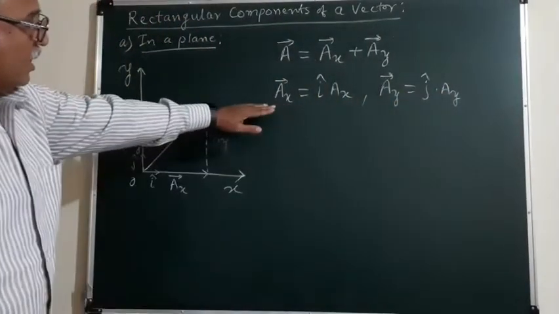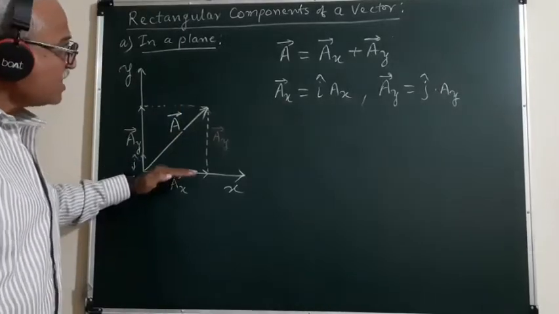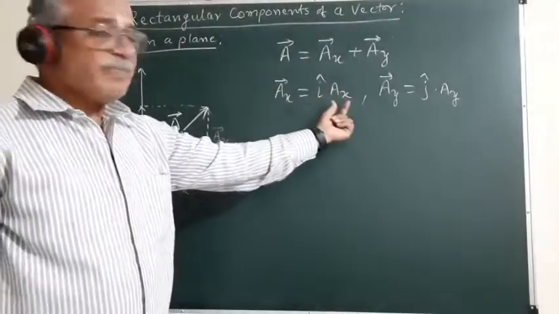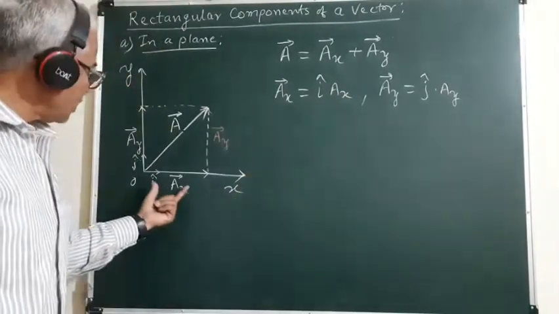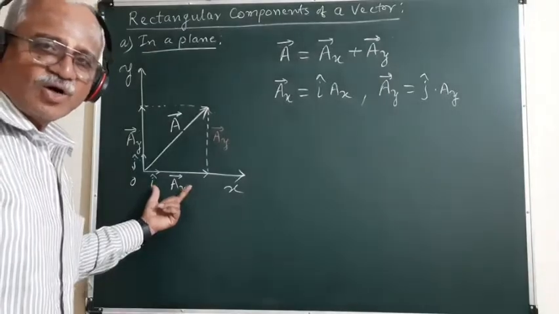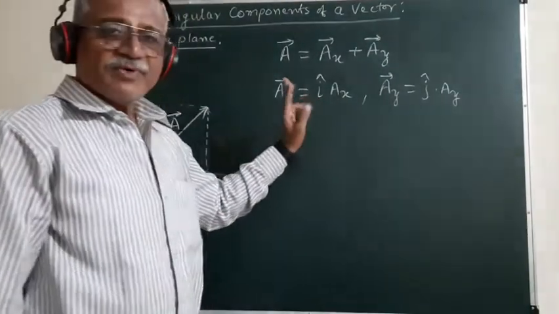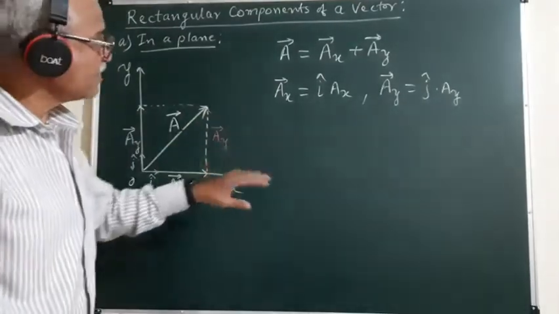So this component ax bar of the vector a bar along x direction or x axis is expressed as i cap ax, where ax is the magnitude of the component of vector a bar along x axis and i cap is the unit vector along the positive direction of x axis.